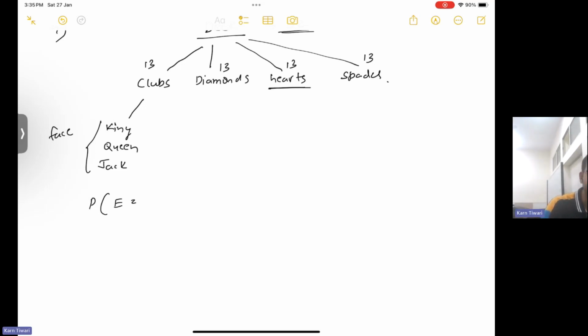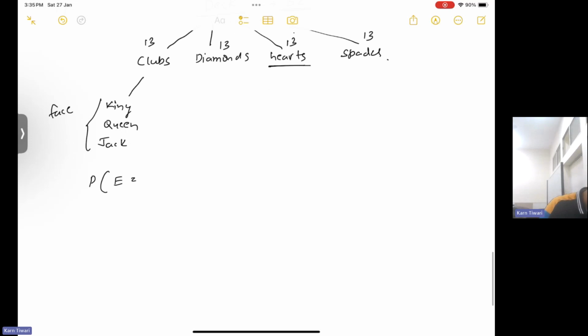You know that there are a total of 4 queens, and a total of 13 heart cards. And there is one queen, which is a heart, which is common to both of them.